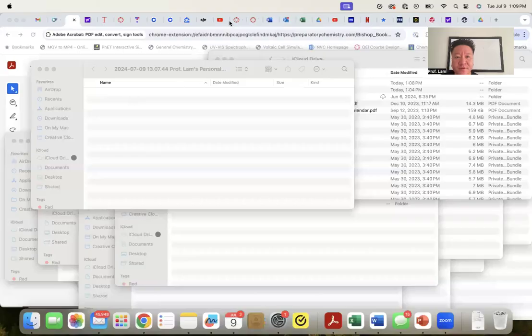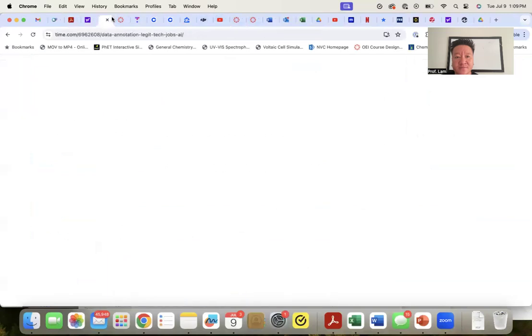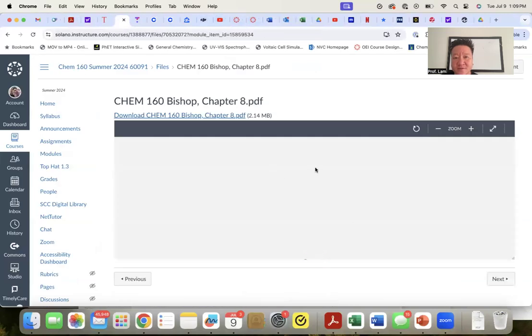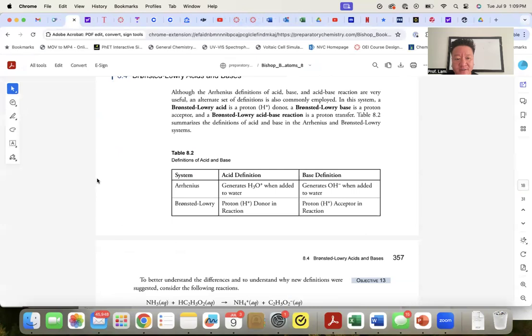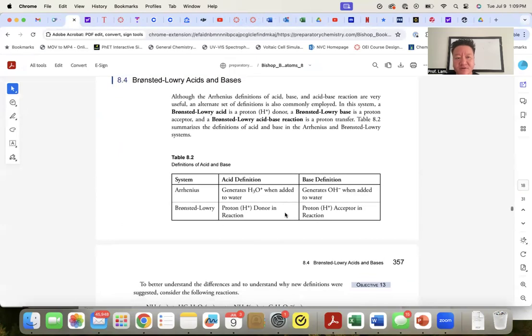Let's take a look at our book. Okay, so this is from section 8.4, Bronsted-Lowry acids and bases.